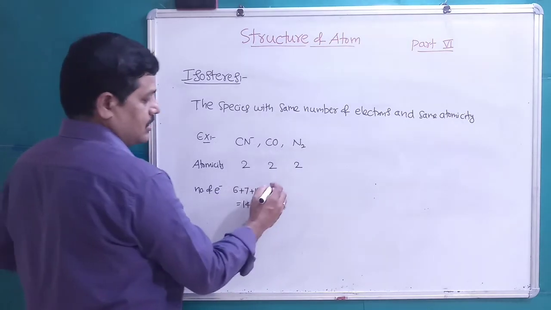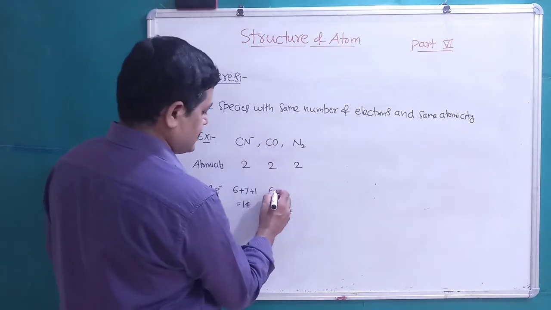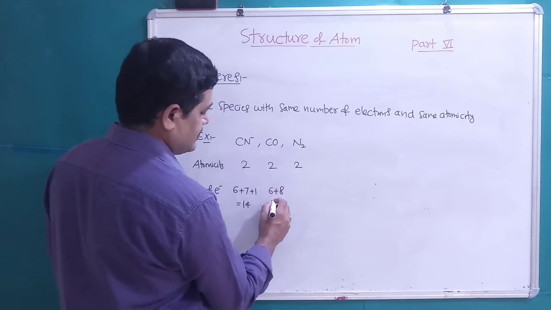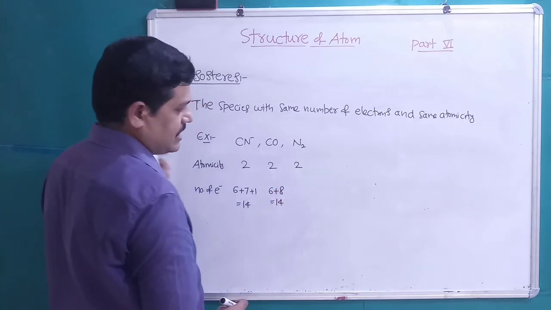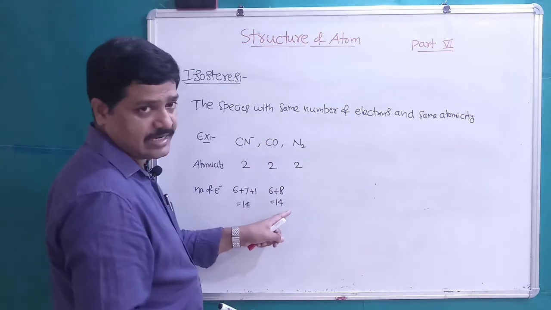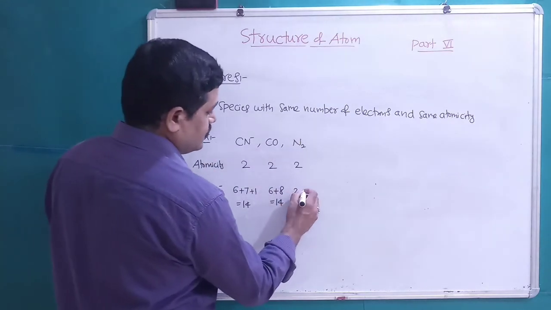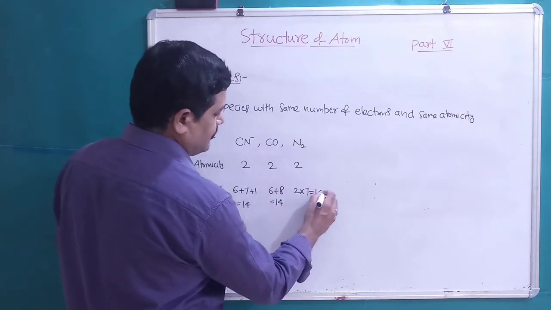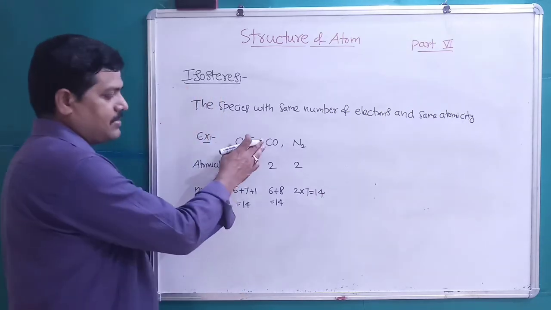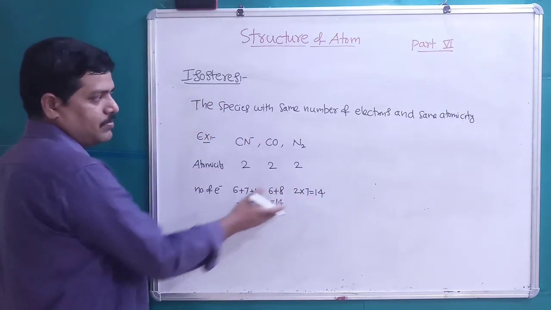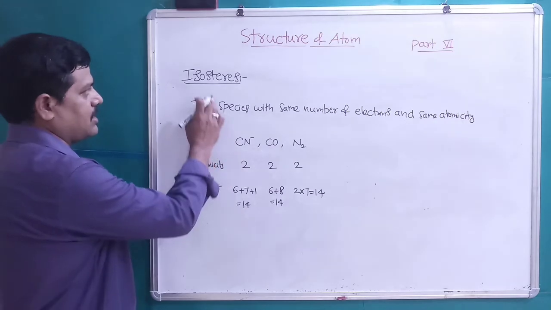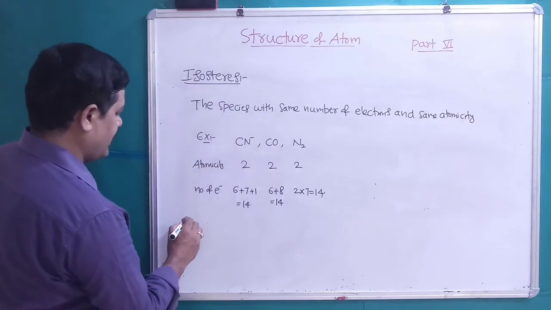For CO, carbon atomic number is 6 and oxygen atomic number is 8, so the total is 14. For N2, 2 into 7, which is also 14. Same atomicity, same number of electrons. Those species are called isosters.